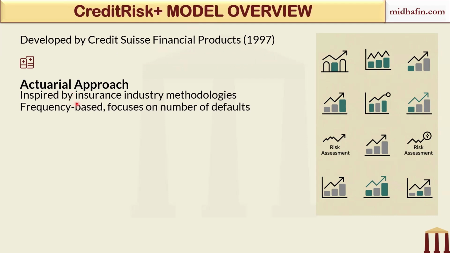So it focuses on the frequency of defaults rather than their market timing or even market impact. You can think of it like modeling insurance claims. We are not predicting when each default is happening, but how many defaults over a given period. This makes the model simpler, but still powerful enough for estimating aggregate credit losses.